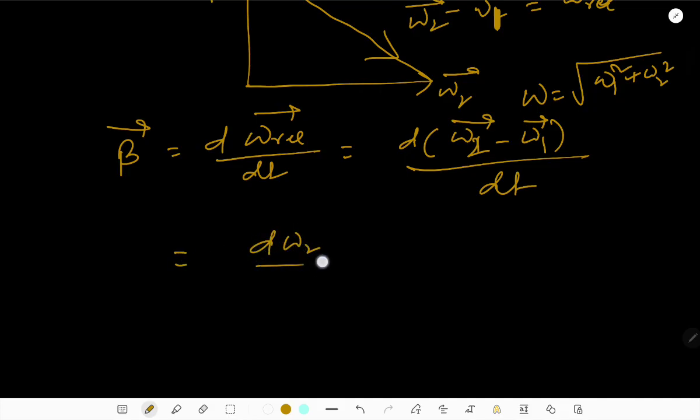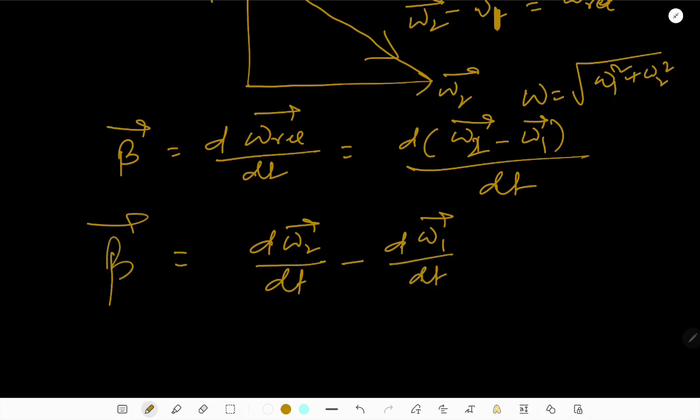And this is d omega 2 by dt minus d omega 1 by dt. This is our relative acceleration, and then I'm going to forget these physical quantities for some time. I'm focusing myself on vectors.